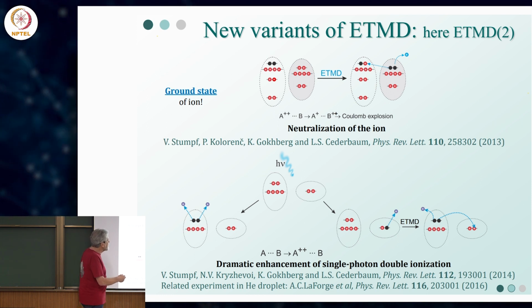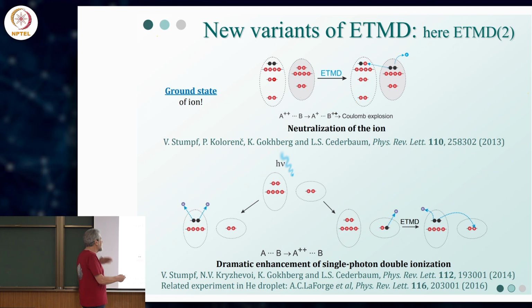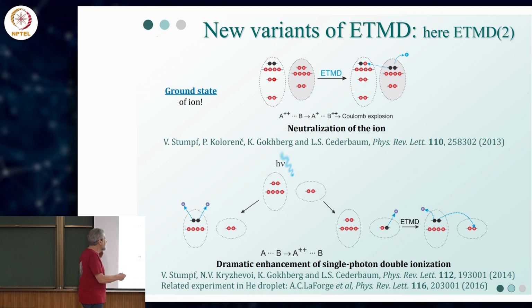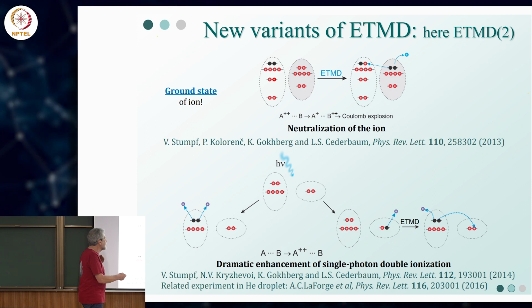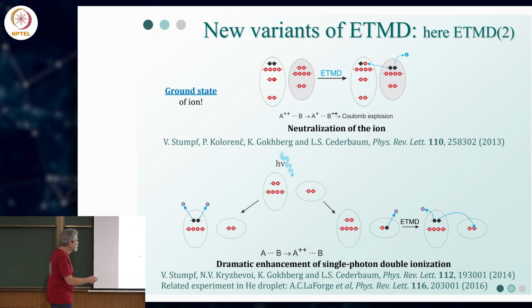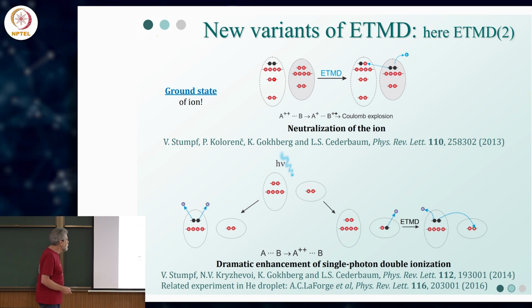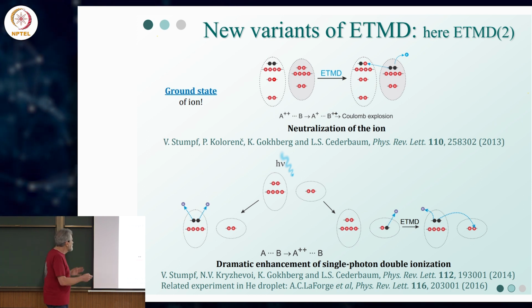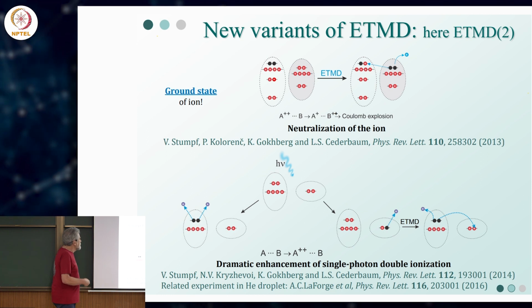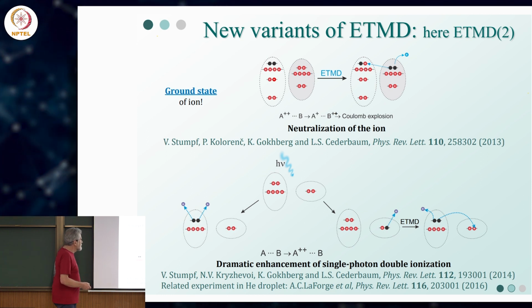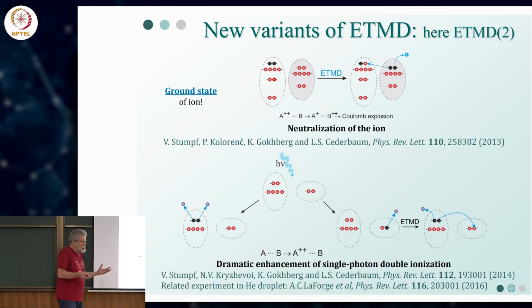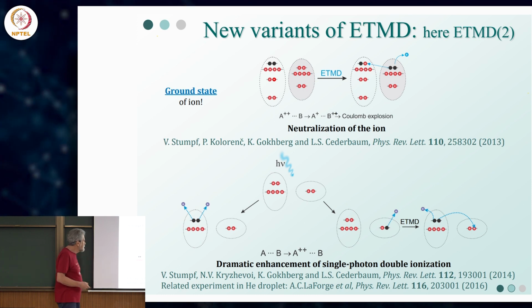Then there is enough excess energy gained from the neighborhood, so to say, not by itself, and it is used to kick out an electron from the donor, from the one who donated. So at the end, I have A plus and B double plus. And of course, you will have a Coulomb explosion. And you see immediately that this is the dominant process because there is nothing else.